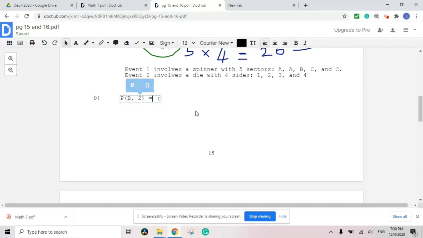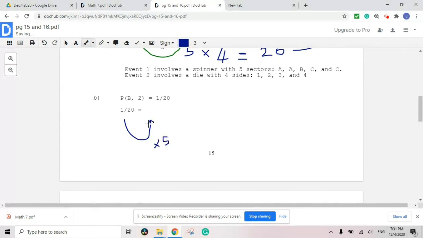So, probability of having B and 2. First of all, you know that B has only one possibility over here, and 2, there's only one possibility. So in the end, the probability of B and 2 is just one desirable outcome out of 20. So this is your fraction of probability. 1 out of 20, you can multiply everything by 5, ladies and gentlemen.